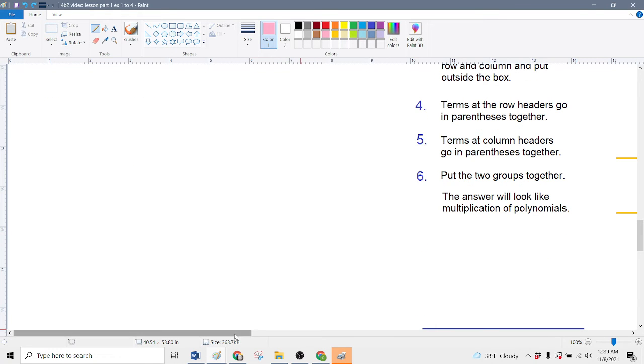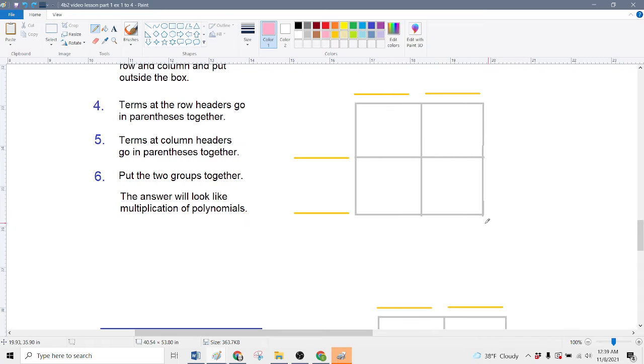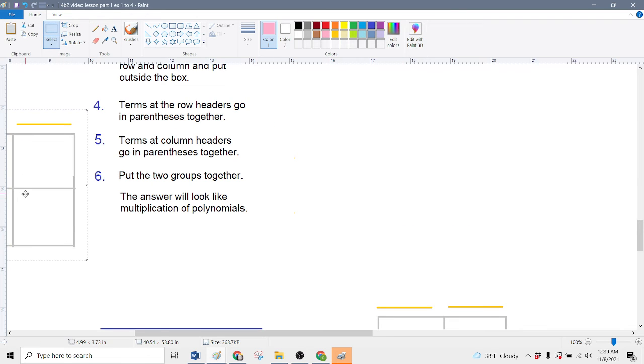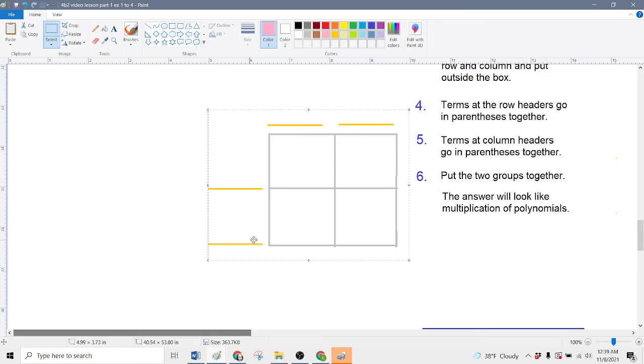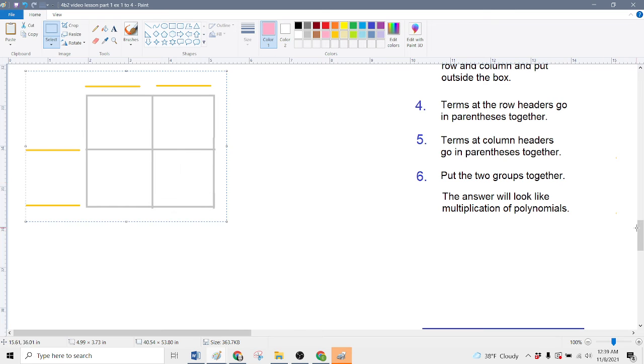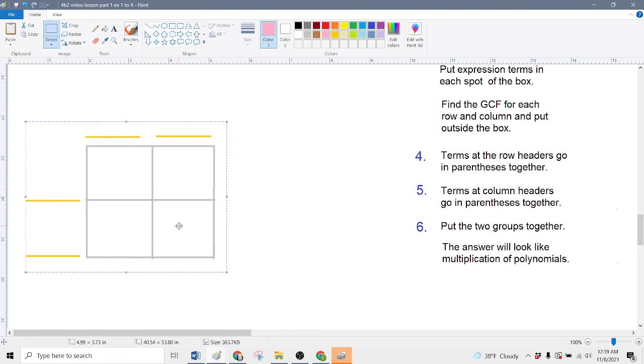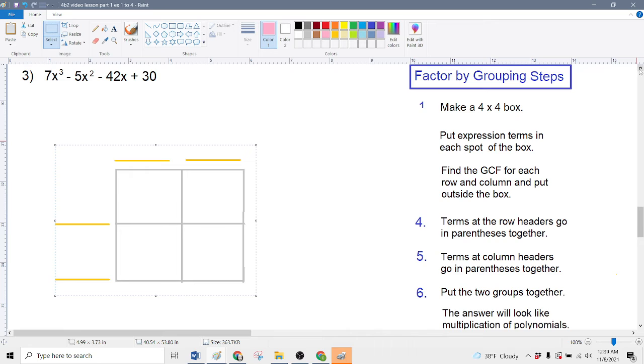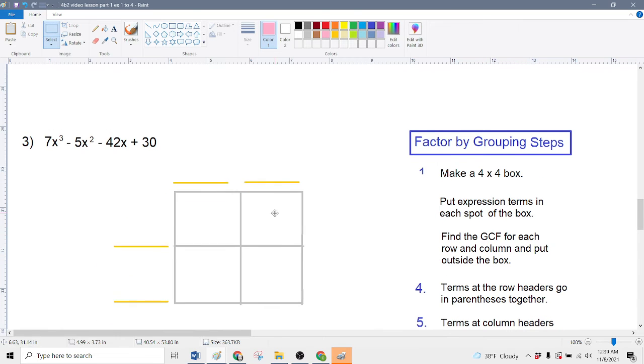All right, here's the box that we want. So let's see what terms we need to put inside of our box.